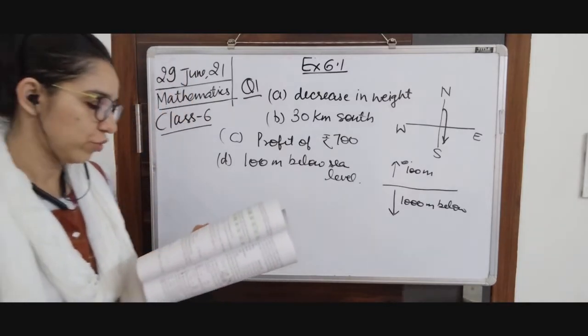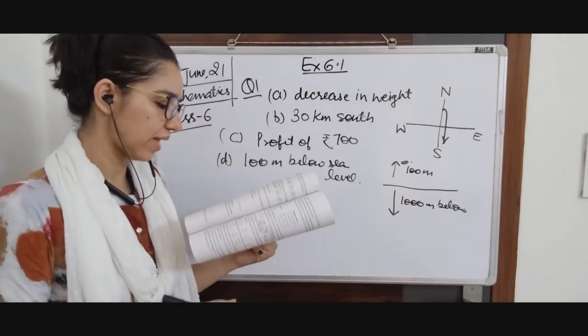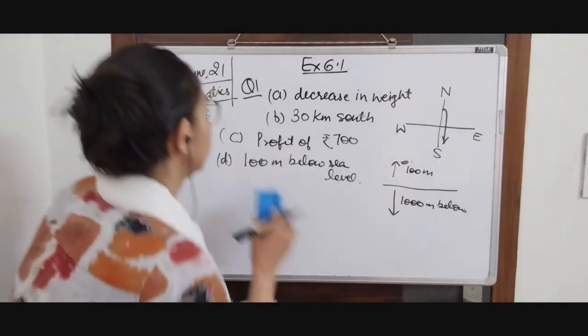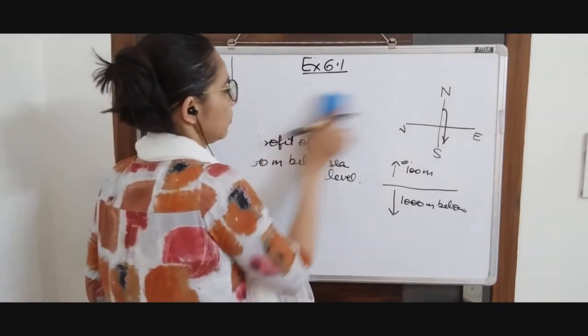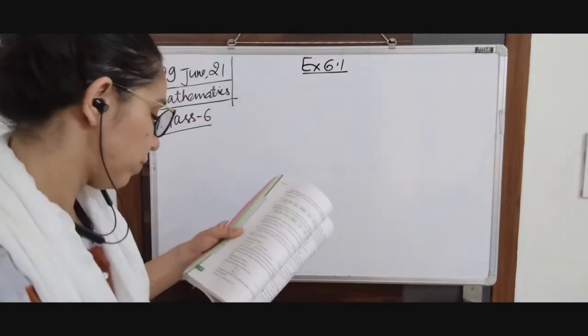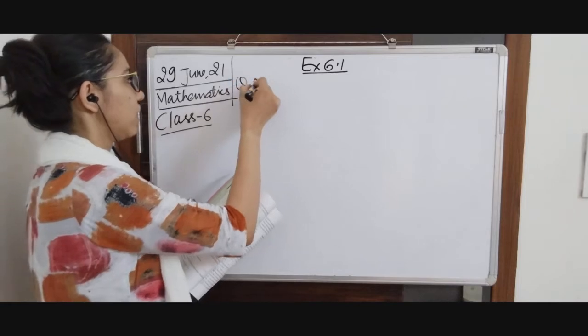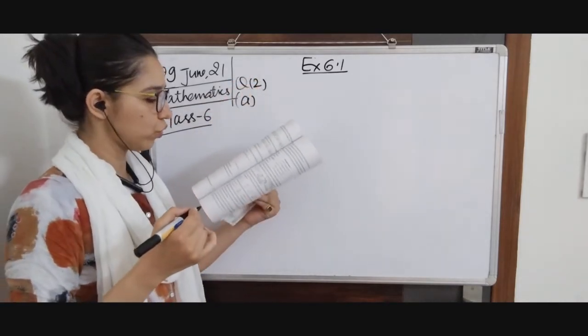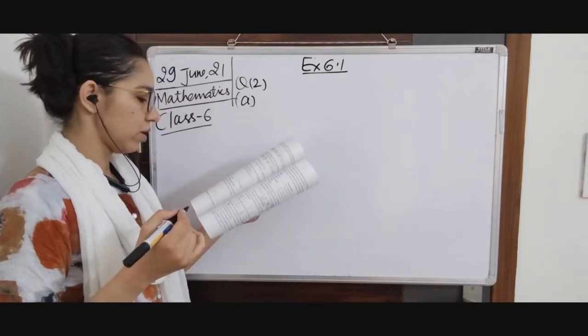Okay. Question number 2, we have to represent the numbers as integers with appropriate signs. Question number 2, part A. An aeroplane is flying at a height of 2000 meter above the ground.